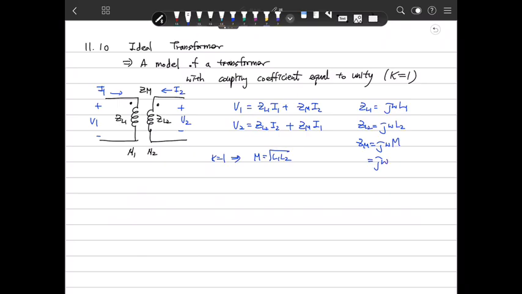So there will be j omega root of L1 L2, the same as root of jωL1 times jωL2.